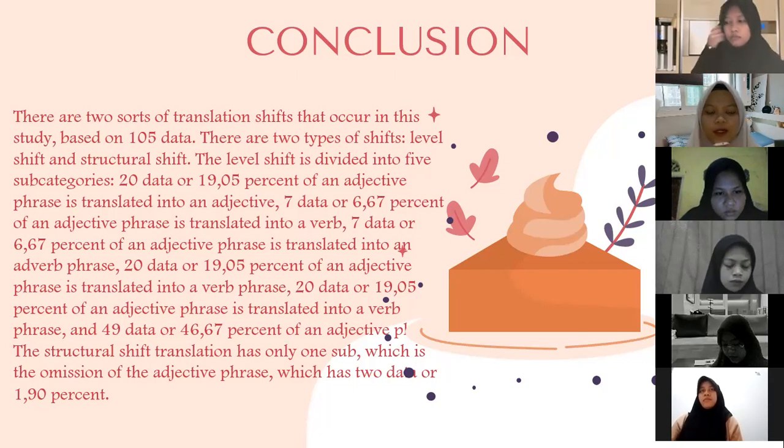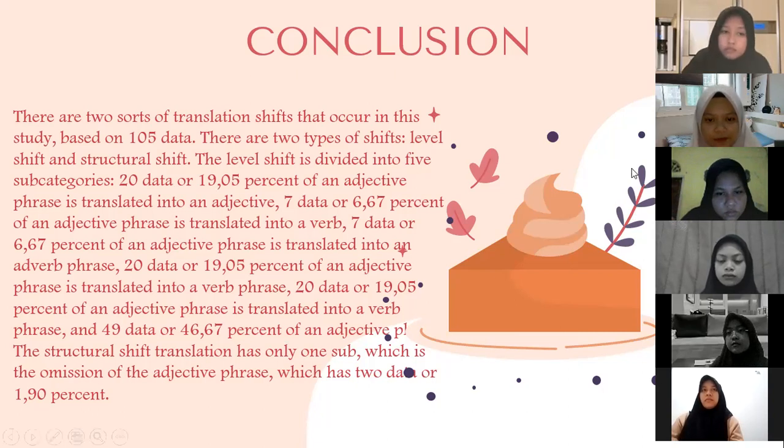20 data or 19.5% of an adjective phrase is translated into a verb phrase, and 49 data or 46.67% of an adjective.